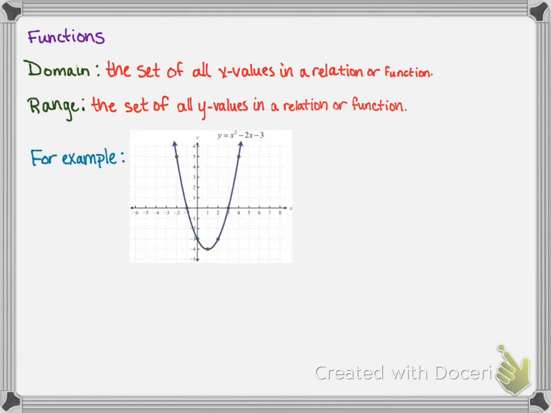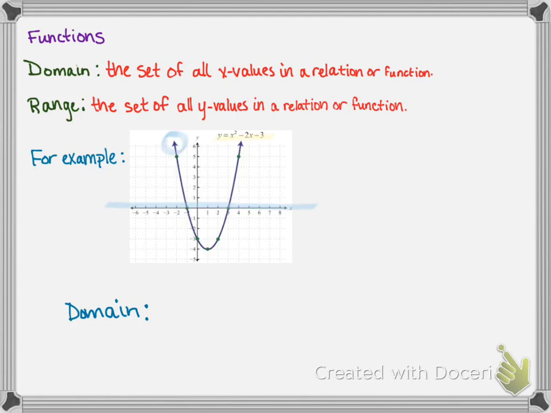For example, if we have this graph, which is the graph of the function y equals x squared minus 2x minus 3, let's determine its domain. The domain looks at all the x values. So we need to determine the smallest x value and the largest x value.